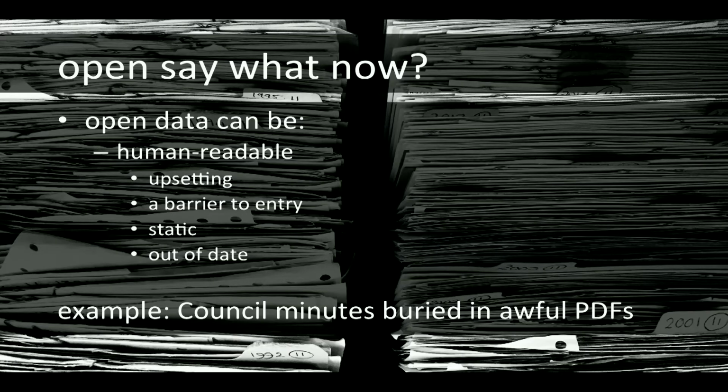Now, this definition is quite wide, right? So it includes, and I do apologize if there are council people in here, I love y'all, but I'm going to mention some of the stuff you produce. The definition of open data also includes things like really badly made PDFs, that are scans or JPEGs of a document. So that data is publicly available, but it's not terribly accessible, and it's not terribly useful in many things without throwing a ton of resource behind it, which is a barrier to entry.